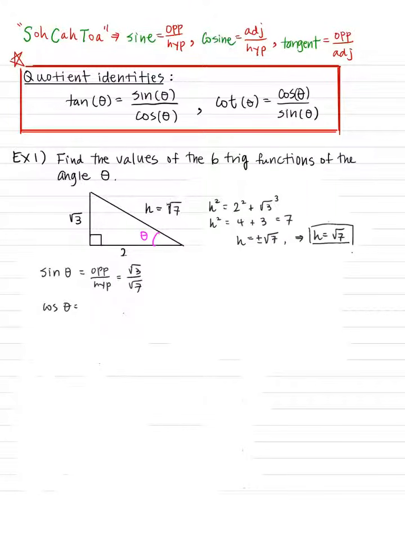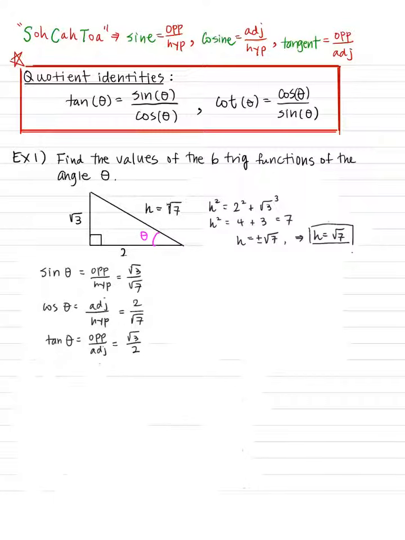Cosine of theta is what? Adjacent over hypotenuse. Adjacent side of the angle theta is 2. Hyp is square root of 7. And tangent of theta is opposite over adjacent, which is square root of 3 over 2.